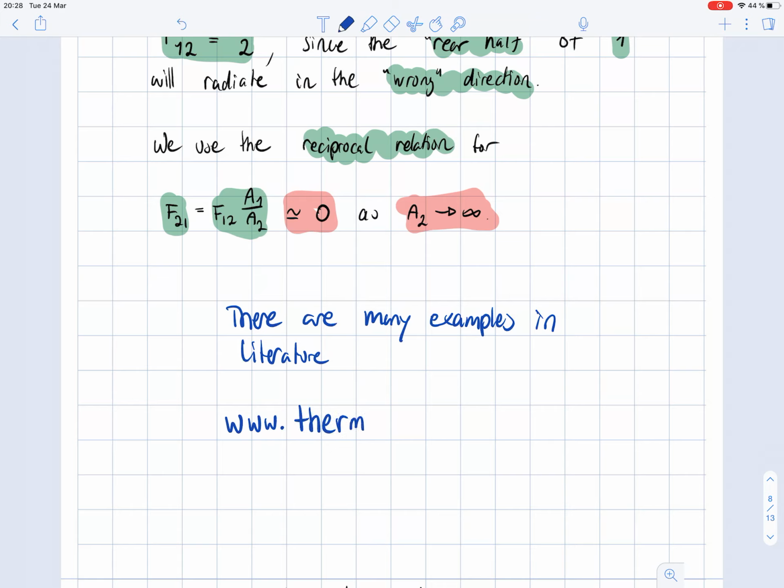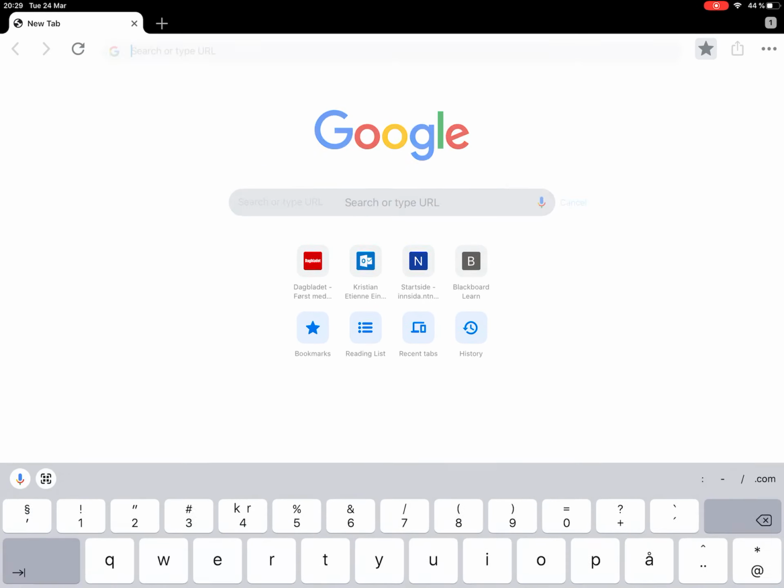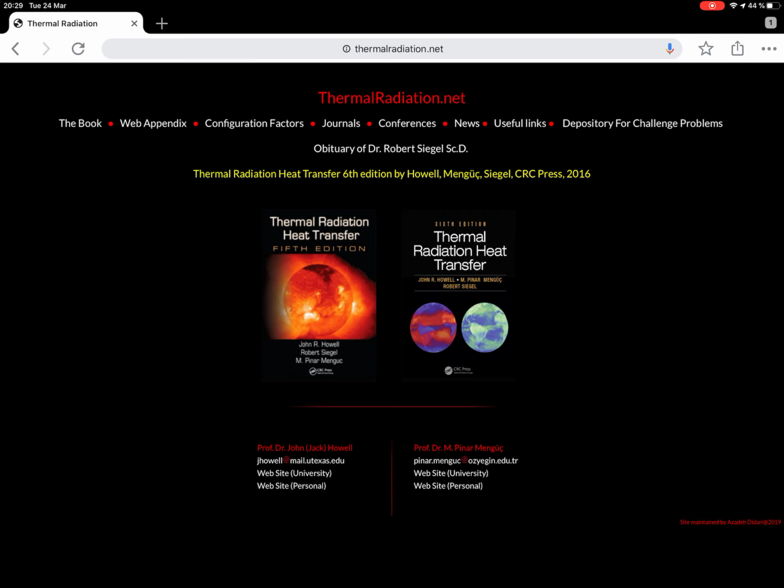It's thermalradiation.net. So we'll have a brief look at that. Go then to thermalradiation.net.